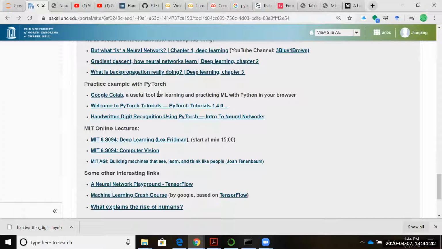Everything is browser-based, and Google Colab gives you an online browser which can run all this Python and PyTorch code. So that's what we want to do. And with that, I think I'm done today.